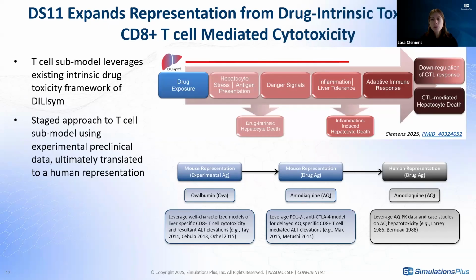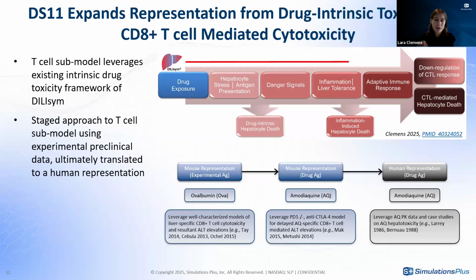And then from here, we moved into a drug representation. We used amodiaquine as our representative drug. And again, we started in a mouse model. And this leveraged data that was available for PD-1 knockout anti-CTLA-4 mice.